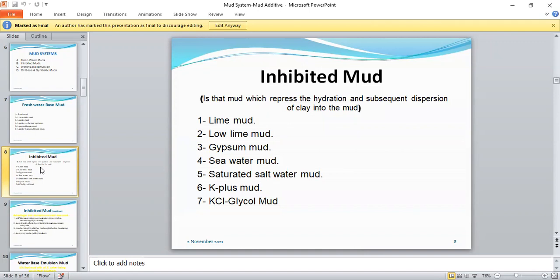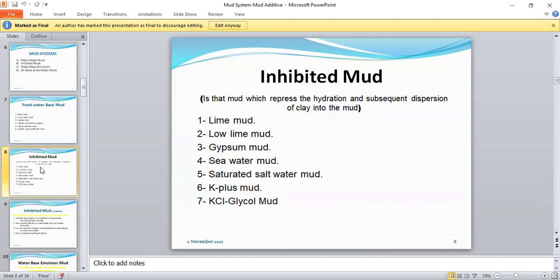We talked about freshwater mud, freshwater-based mud, and now inhibited mud systems. And remember, for some of these inhibited mud systems, you start with fresh water. For example, the lime mud, you start with fresh water and you put your lime amongst other things. But the basic components of mud are the same. There must be a viscosifier.